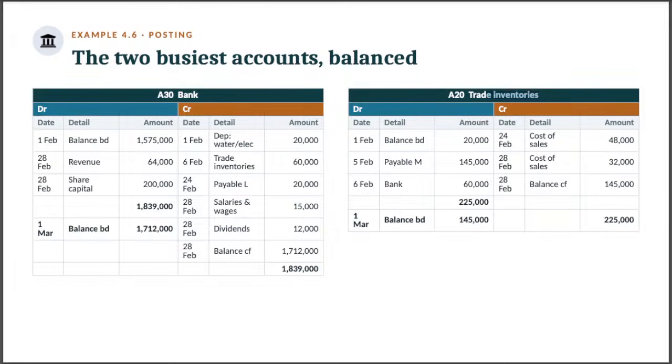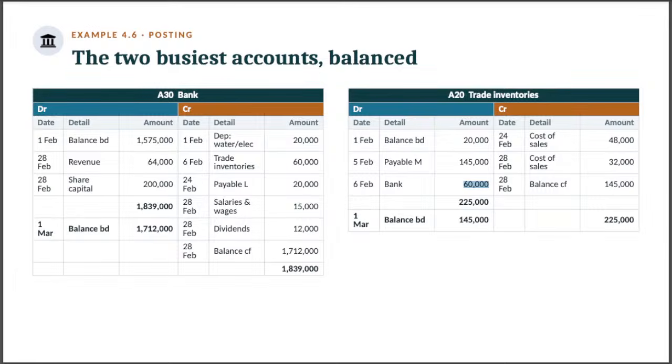So on the trade inventories, we had the same thing here. Details with the balance brought down with 20,000. Payable, 145,000. And the bank, 60,000. We put in there. So I'm sorry. Yep. So there we go.